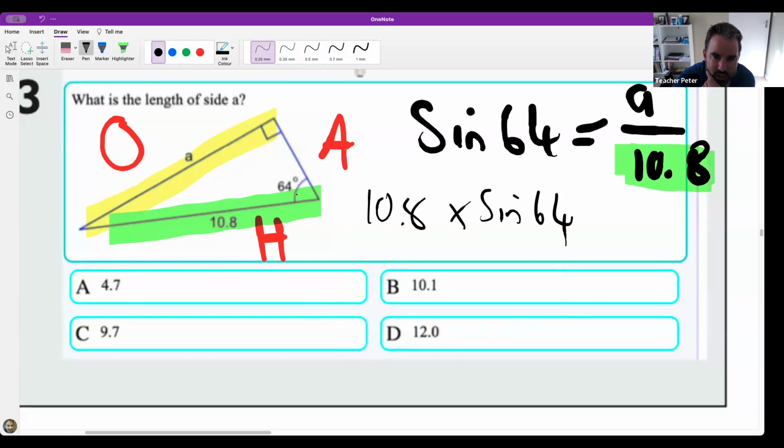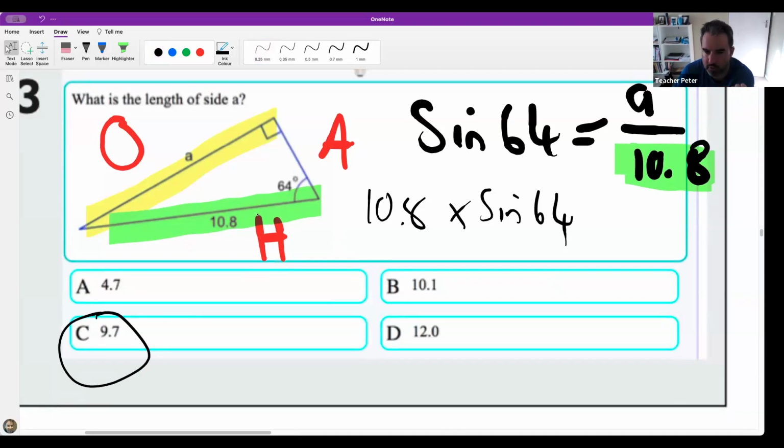Over H, so that's O, 10.8 times the sine of 64. My calculator's gone to sleep. Let me try again. 10.8 times the sine of 64. Oh, here we go. 9.70. So the correct answer is C.